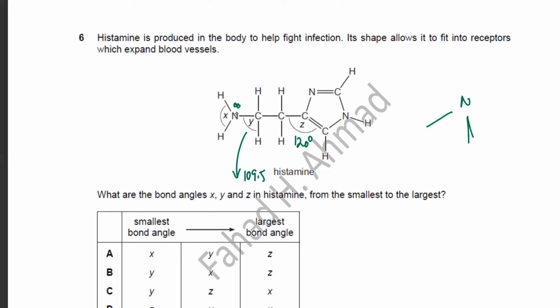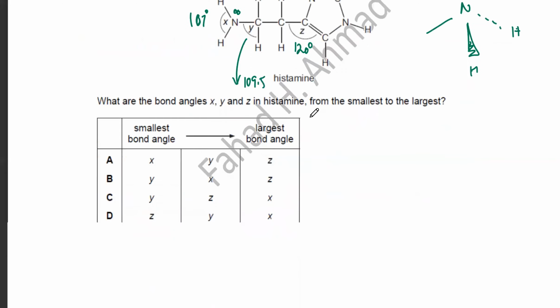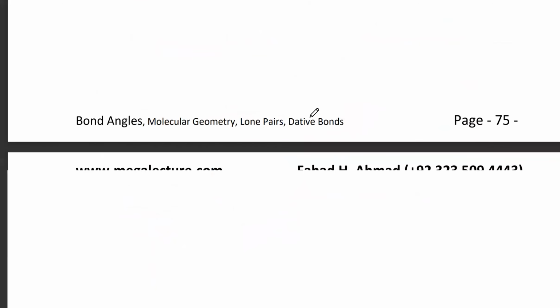The 3 bonds would be pushed downwards like a pyramid, and there would be a lone pair sitting on top. So it's going to be trigonal pyramidal, and the angle would be 107 degrees. So smallest to the largest, it's going to be X, Y, and then Z. That's how you're going to solve this one.